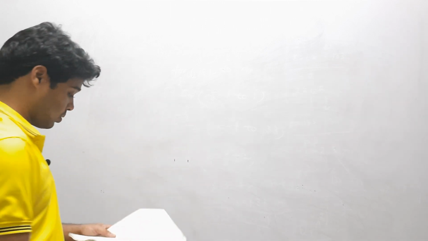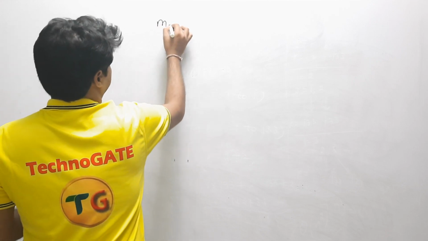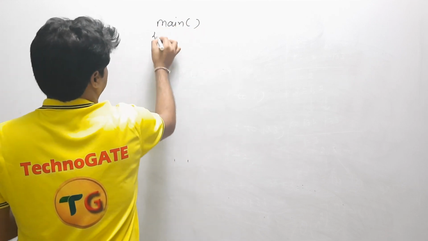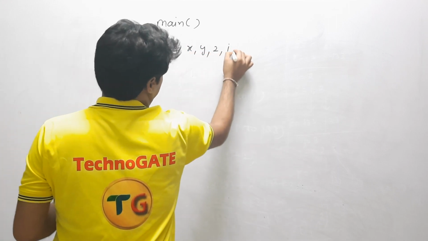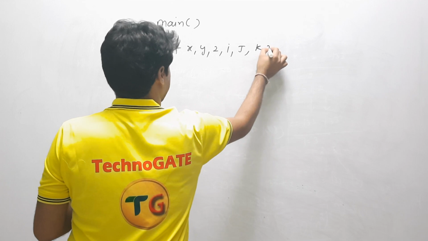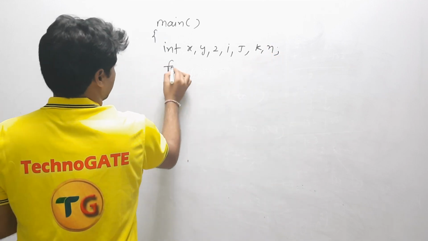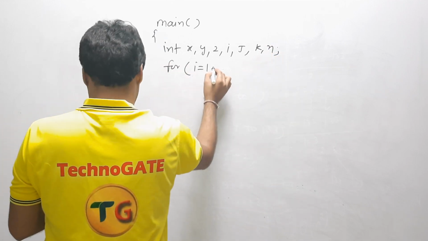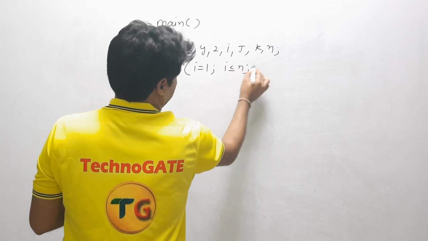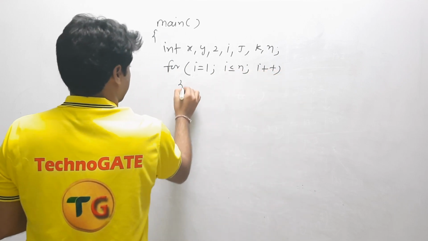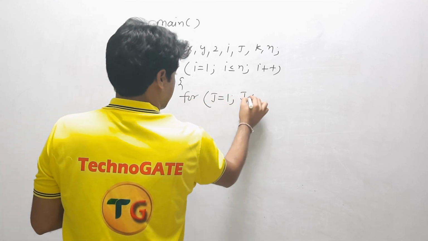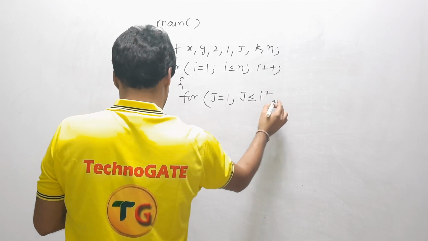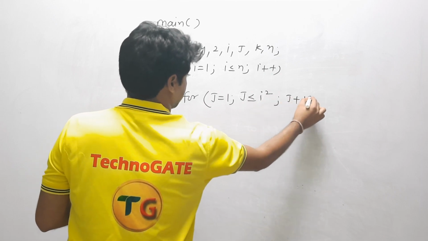Here I am writing one of the programs. int x, y, z, i, j, k, n. For i equals 1, i goes to n, i plus plus. For j equals 1, j less than or equal to i square, j plus plus.